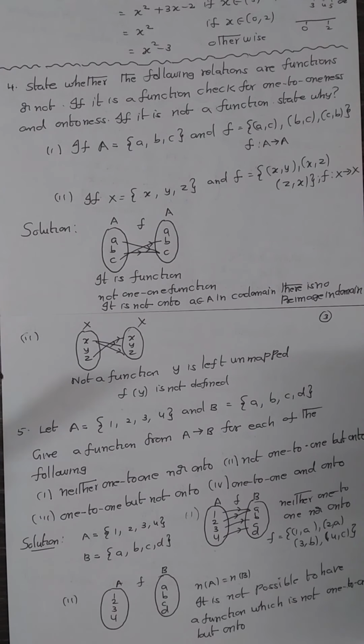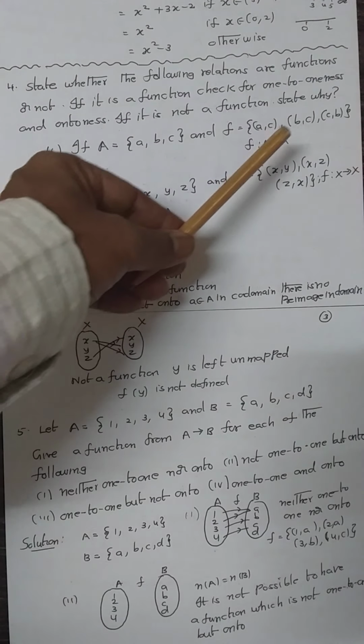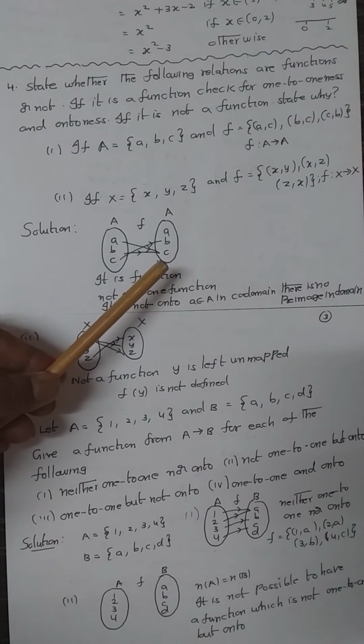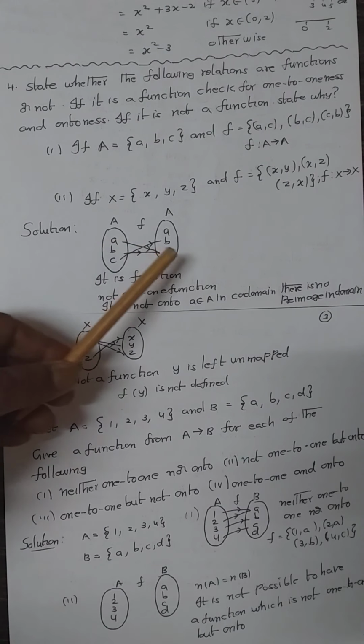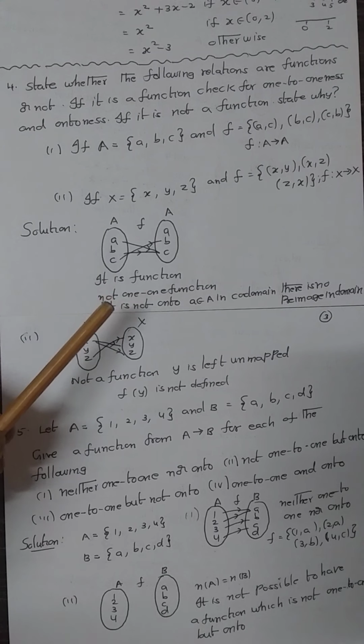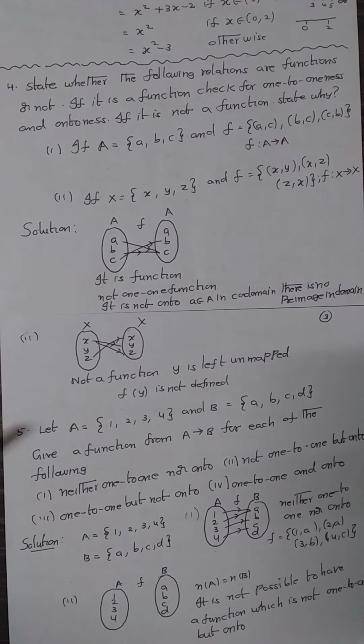Now, what about an onto function? For an onto function, students, you should concentrate only on the codomain. Every element in the codomain should possess a pre-image in the domain or not, you have to check. Now you check. b has a pre-image, b has pre-image a. And c is also having a pre-image. But what about element a?